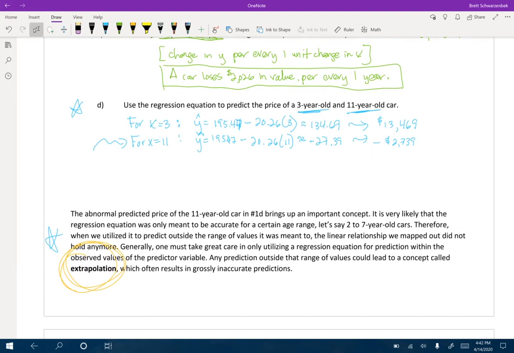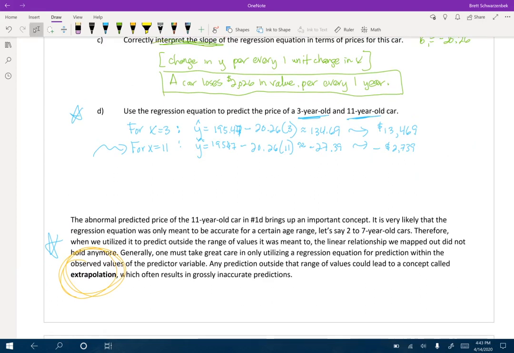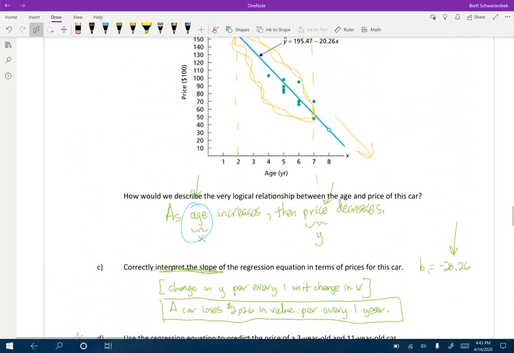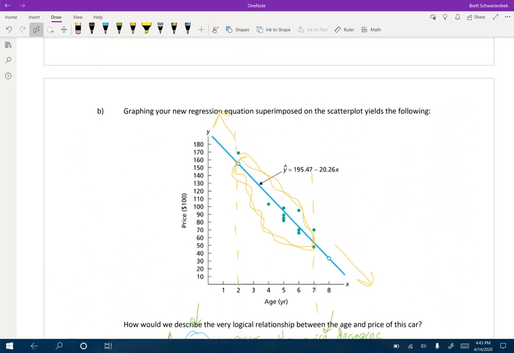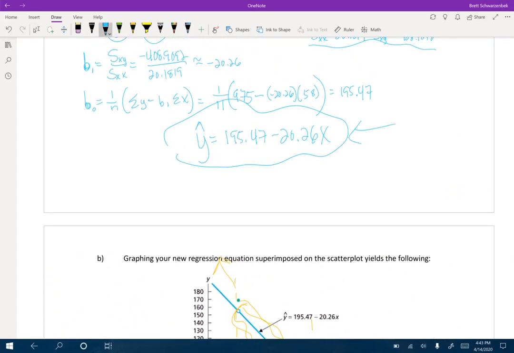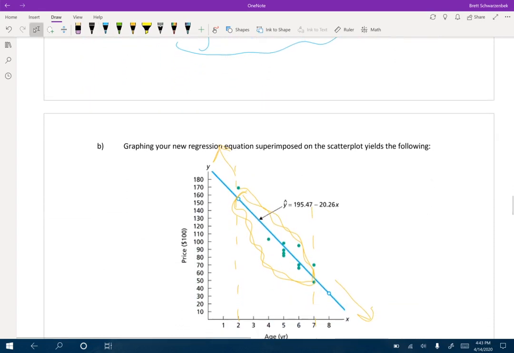Okay, before we move on, let's talk about more calculator work. You'll notice here that we found this regression equation and we were able to superimpose it on the scatter plot that we created. So how do we do that on the calculator? That's the next step.